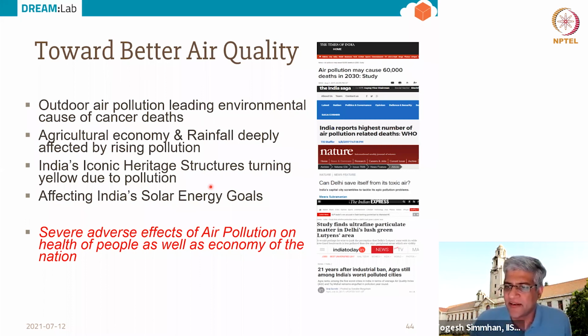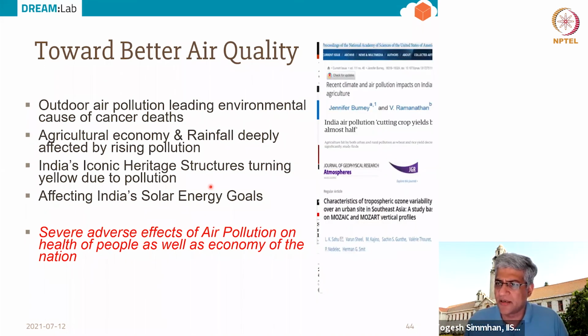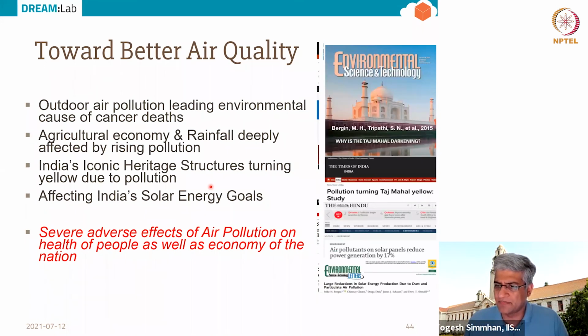It's not just a simple problem that you can solve, right? It also has to do with industries generating toxic fumes and how much of it can be cleaned by the industry or by using better technologies. So there's a health, economic, and heritage impact of air pollution, and you would have seen many different reports on it.